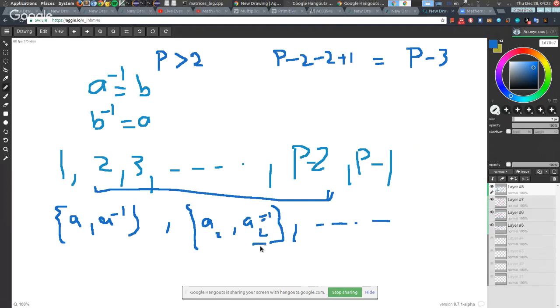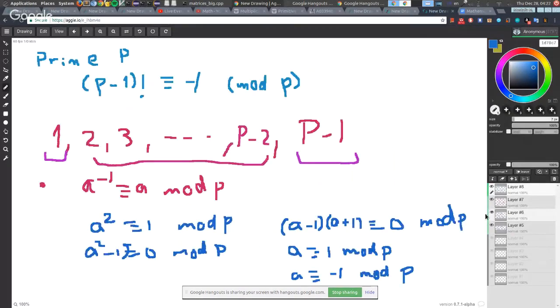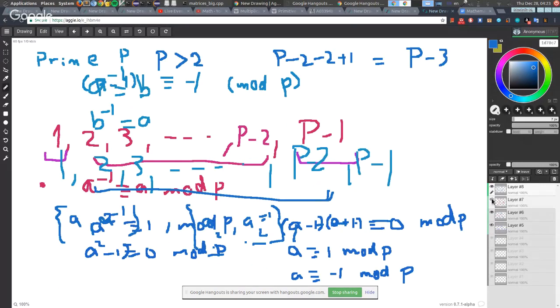So the inverse of this is this, and the inverse of this is this. So we cannot have a number that exists in more than one pair. And the pairs will always have two distinct values because of the property that we proved here, that there's no element that is the inverse of itself.